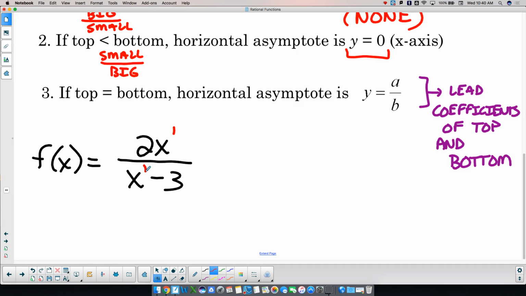So then I look at the lead coefficient of the top, which is 2, and the lead coefficient of the bottom, which is 1. So my horizontal asymptote here would be y equals 2 over 1, or just y equals 2.